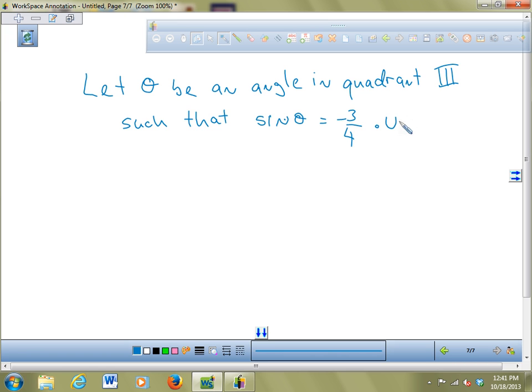Okay? Use a trig identity. So this is using trig identities and what you just learned, okay, to find cosine theta.